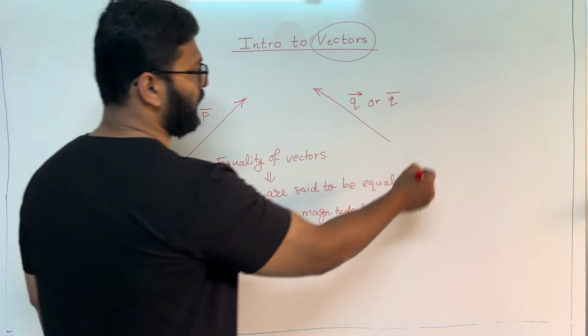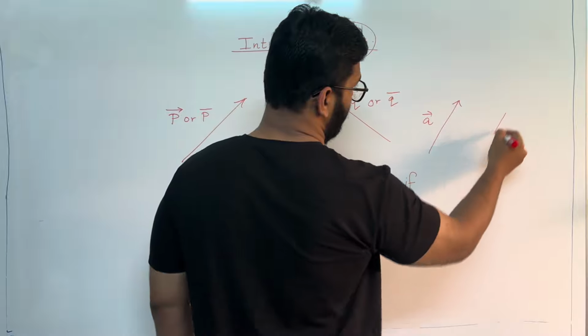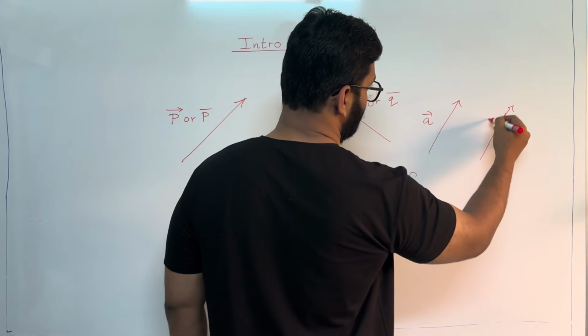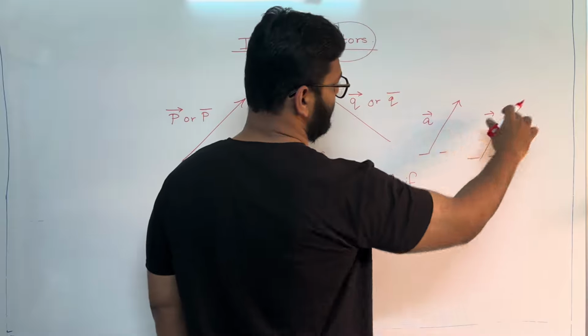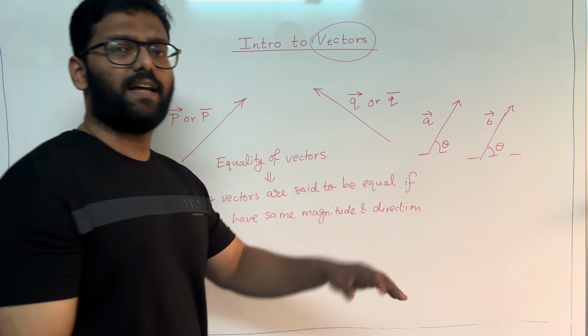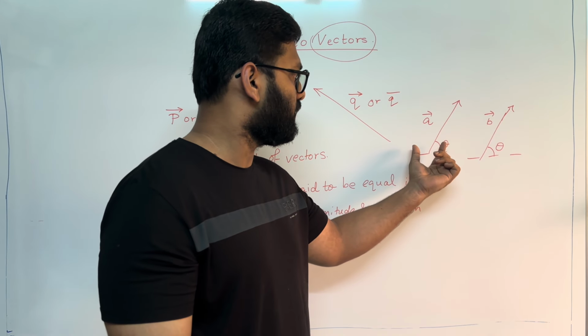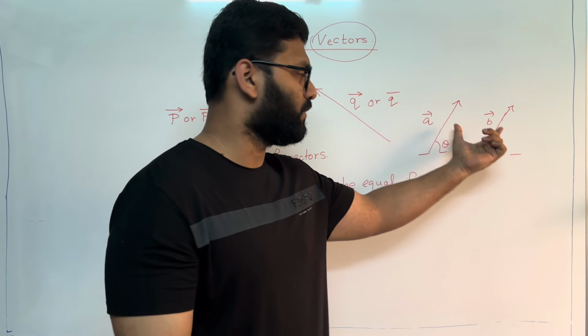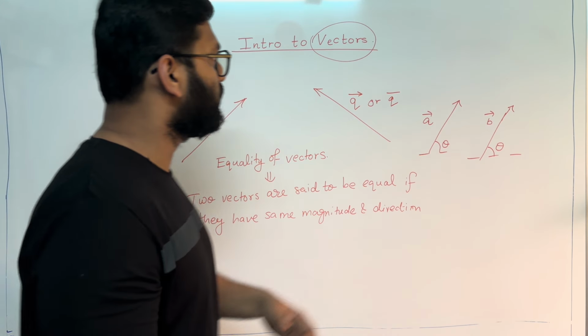For example, if I have one vector like this, I will call this a bar, and another vector with the same magnitude, b bar, and let's say these lengths are same and the angle that it makes with the horizontal is also same. That means the direction is same, right? Now I can see theta is same, a bar magnitude, b bar magnitude is same. By the way, how do you represent the magnitude of a vector?